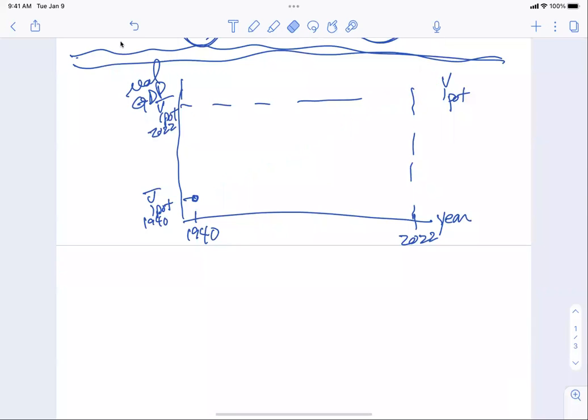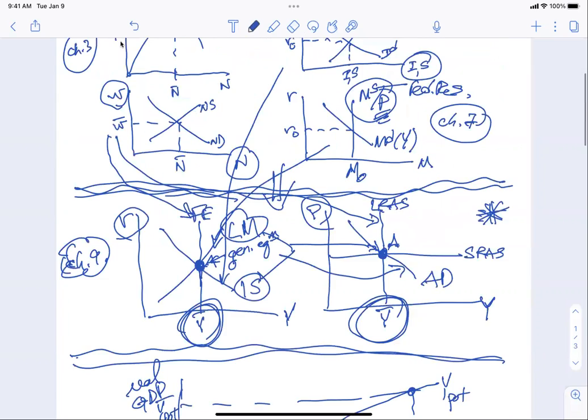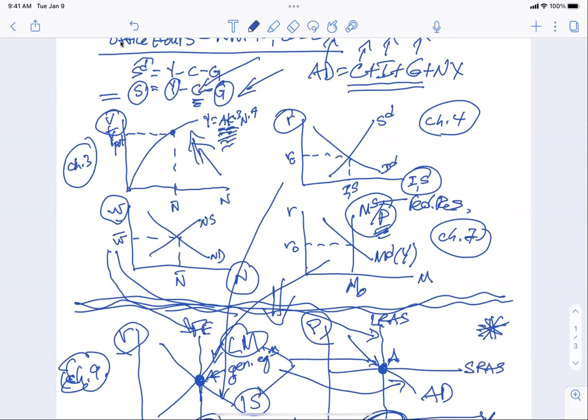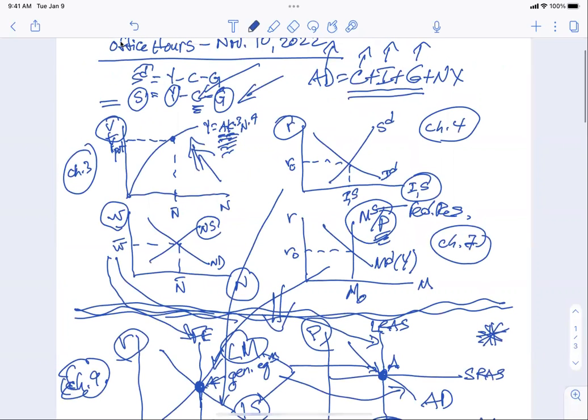This is the increase in living standards that we were talking about over time, back in chapter 3 and chapter 6. So what causes that to grow over time? Changes in the production function, changes in labor, which affect labor demand and also labor supply. Because that can either move you along the production function or shift the production function, right? Over time.